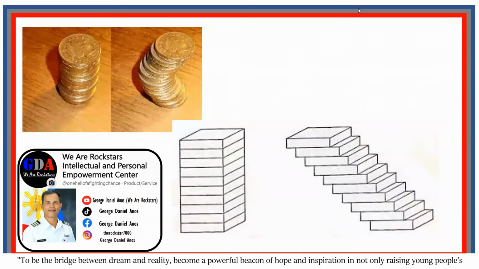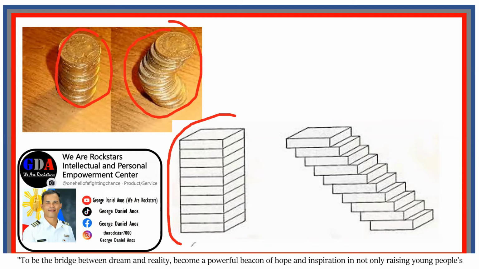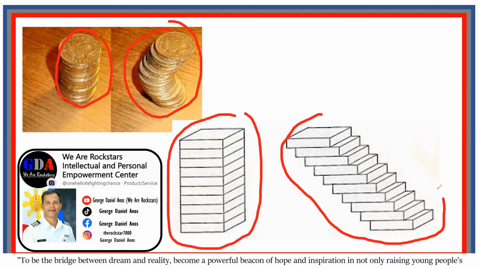And here is another iteration in visuals of what Cavalieri's principle is about. These two coin piles have the same number of coins, and so do these rectangular or square blocks, but they have different shapes.